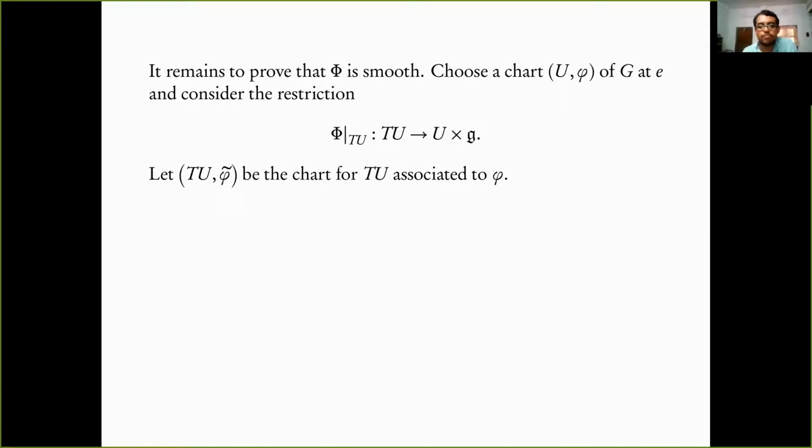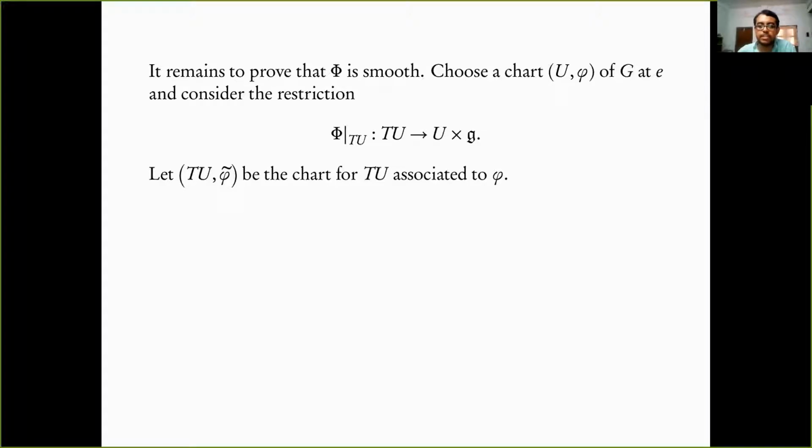So recall that once you have a chart for a manifold, in this case (U, phi), that automatically gives you a chart for the tangent bundle restricted to U. So I'm calling that TU. So there is a chart on TU and the map is phi tilde. And what is that map phi tilde going to do? Well, remember TU looks like U cross R^n, because U now has global coordinates x1, x2, ..., xn from the chart.